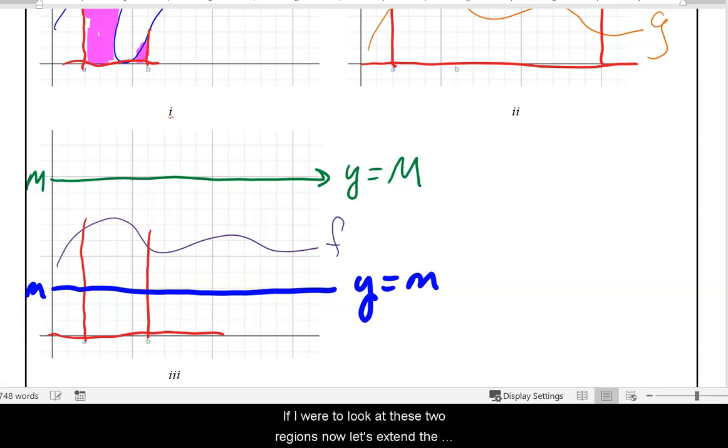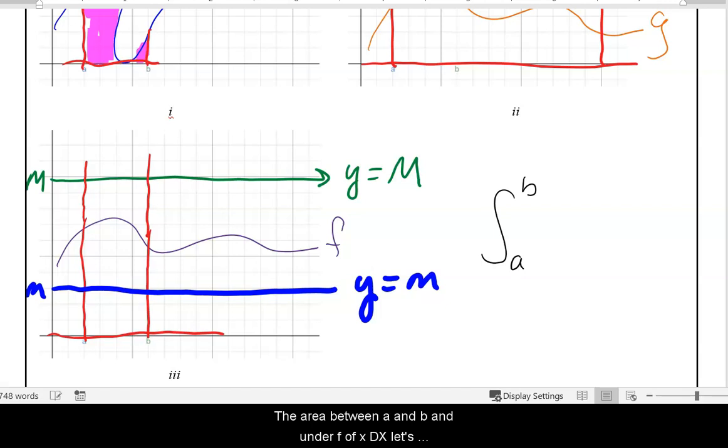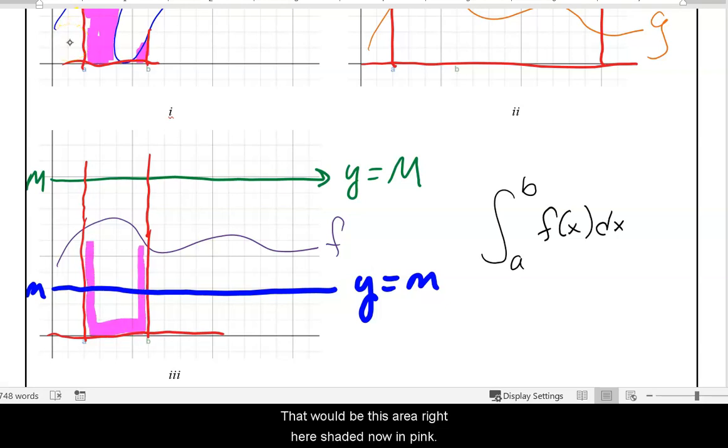If I were to look at these two regions now, let's extend the vertical lines to go above uppercase letter M. What does it mean then for the area under the curve of f to be between those two? Let me represent that area now, the area between a and b and under f of x dx, with the pink. That would be this area right here, shaded now in pink.